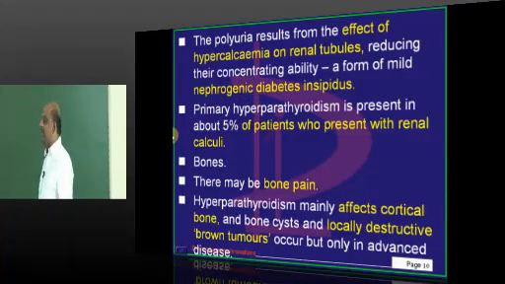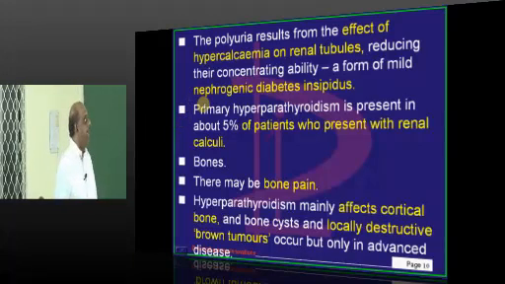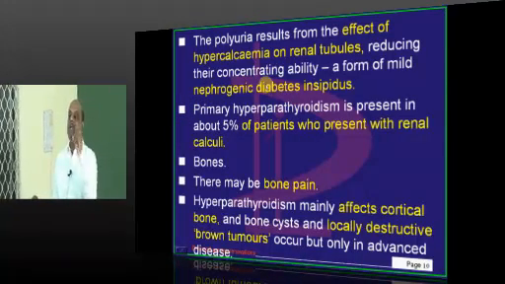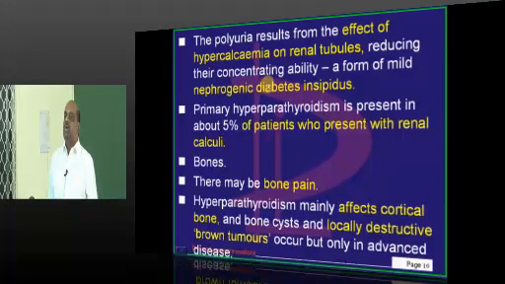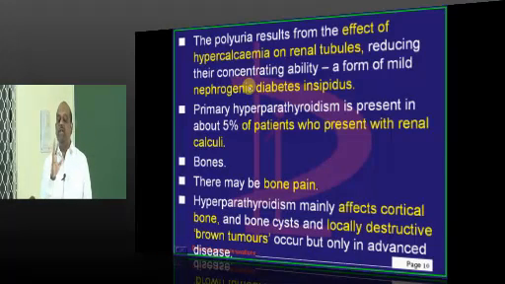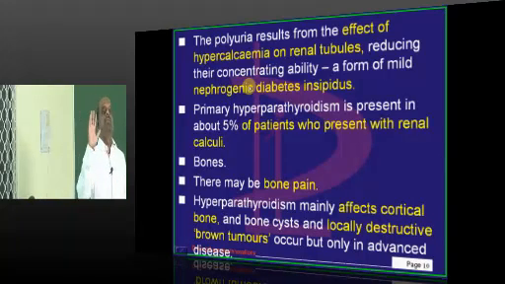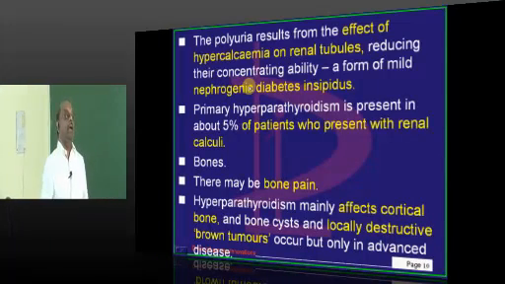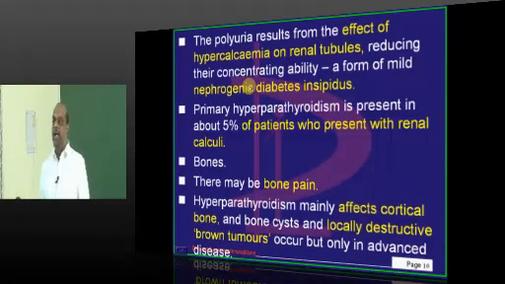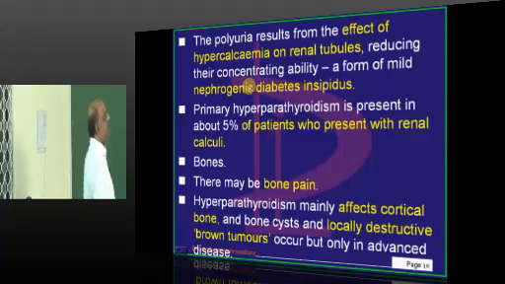Because hypercalcemia has an effect on the renal tubules, and it causes a resistance to the action of antidiuretic hormone. So hypercalcemia produces a nephrogenic diabetes insipidus-like situation. If the ADH cannot work, what will happen? There is no antidiuresis, so there is diuresis. Hence there is polyuria. So polyuria can be one of the important clinical presenting features of hypercalcemia, is what you have to remember.